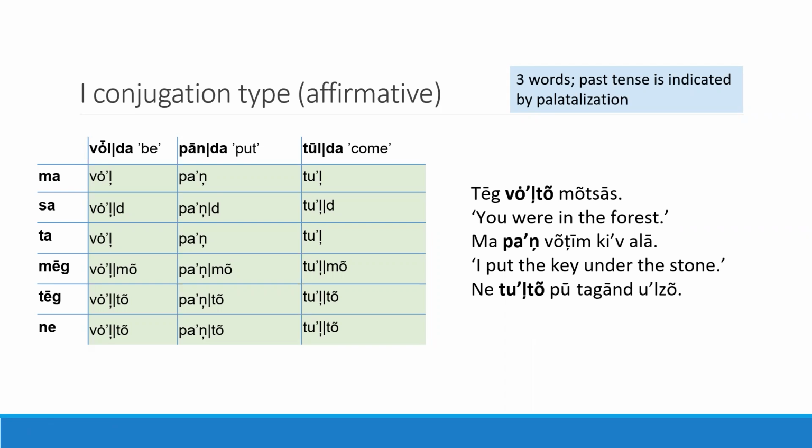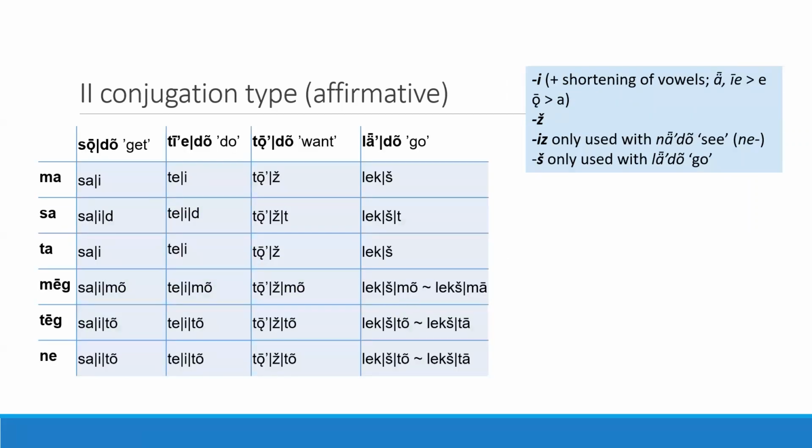Need tuld puu tagant ulse. So this tagant and ulse we had yesterday. So what do you think? What could it mean? Need tuld puu tagant ulse. They came out from behind the tree. Yeah, so some examples.